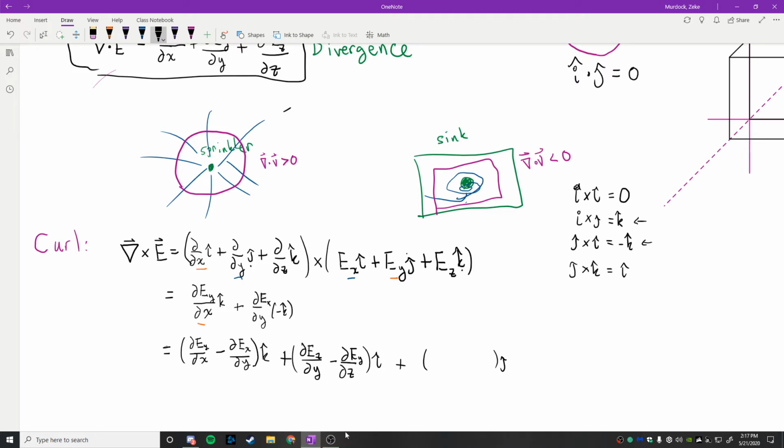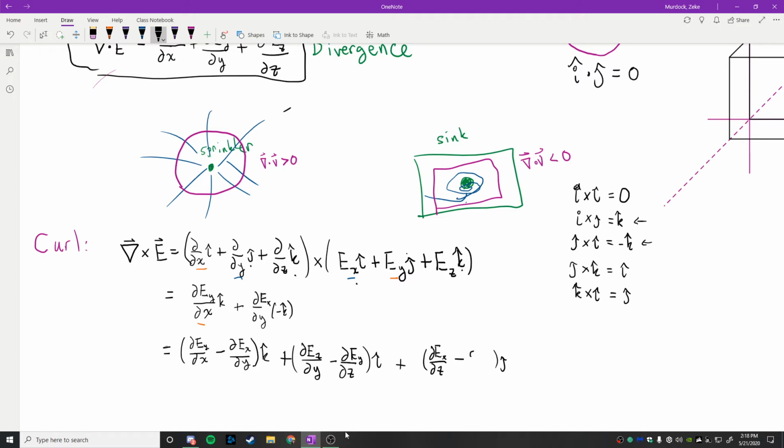The last one has to be the combinations we haven't done yet, which is our k cross i terms. If you do k cross i, pretty sure that's equal to positive j hat. So our j hat terms, we look at the k cross i term, which is going to be del Ex. So I'm doing this one and this one, del z of Ex.